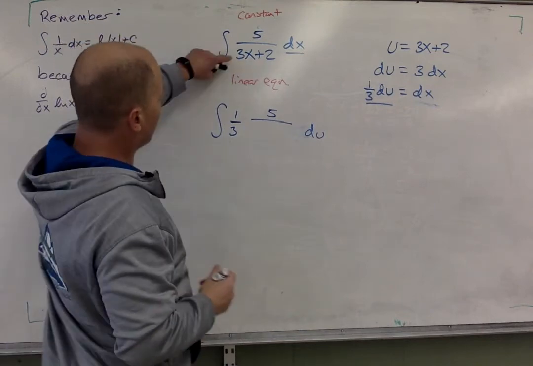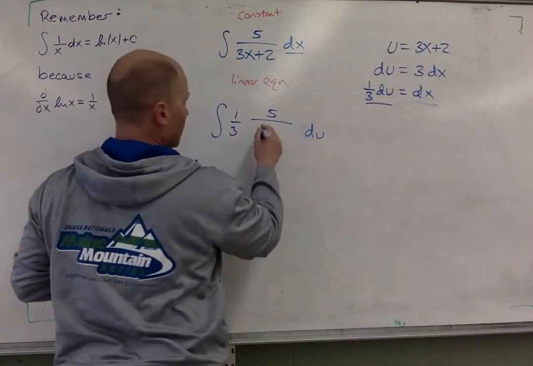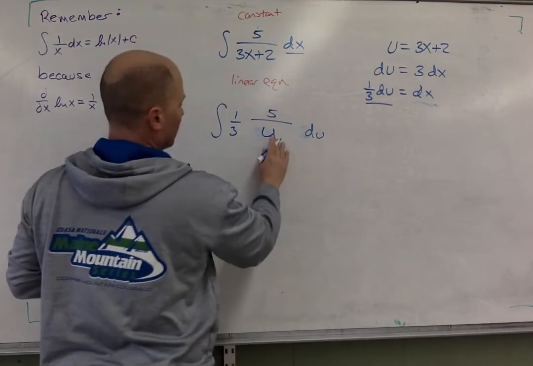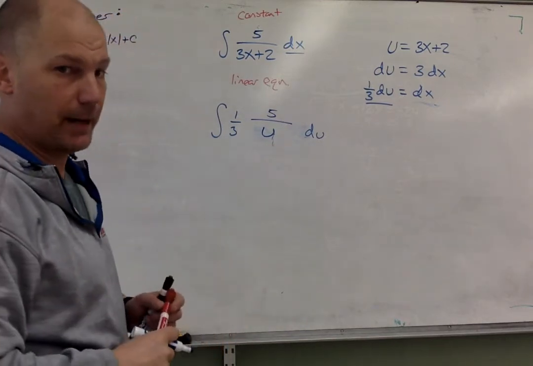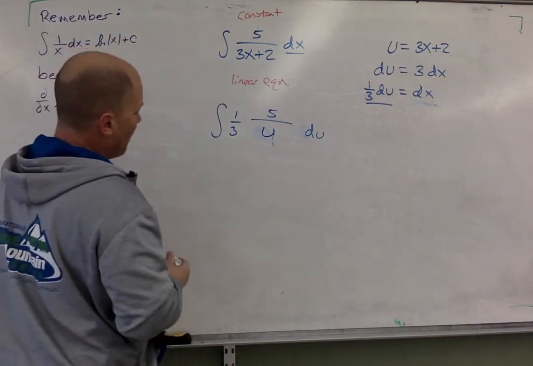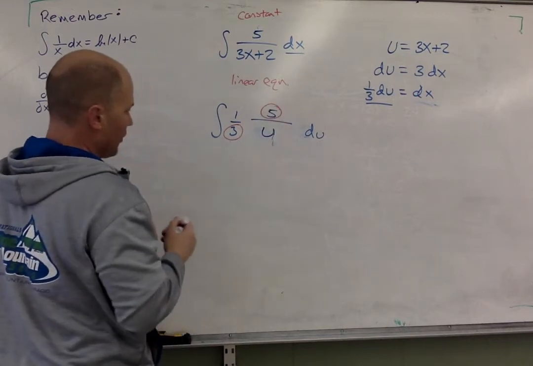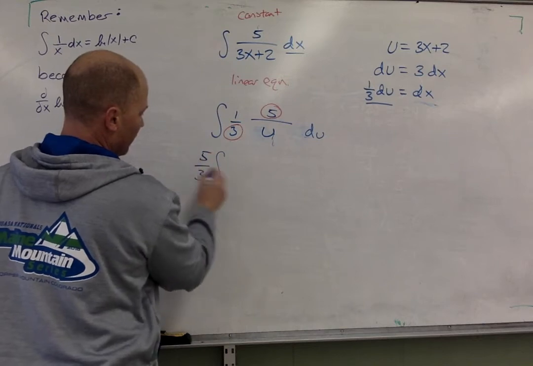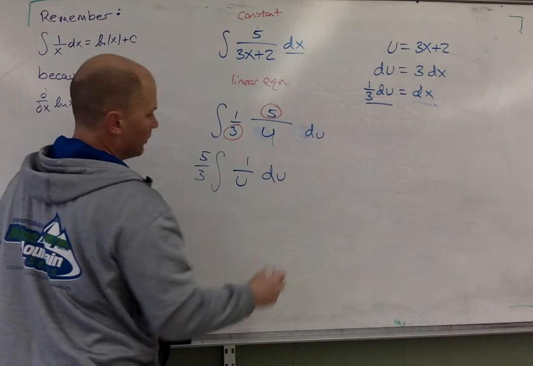And then 3x plus 2 is going to be right there. Well, I'm sorry, 3x plus 2 is u. My goodness, my penmanship this morning is pretty bad. But anyway, we have it. This is just a constant. It's 5/3.